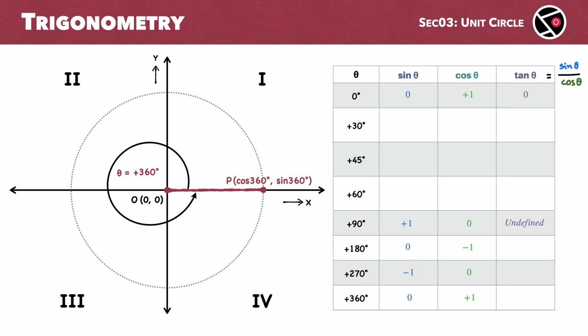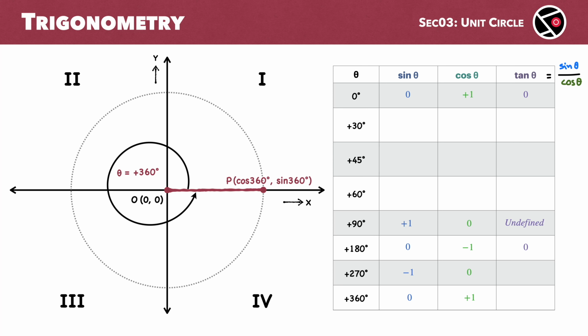For tan plus 180 degrees, it's sine plus 180 degrees divided by cos of plus 180 degrees, which is 0 divided by minus 1 equals 0. For tan plus 270 degrees, it's sine plus 270 degrees divided by cos plus 270 degrees, which is minus 1 divided by 0.